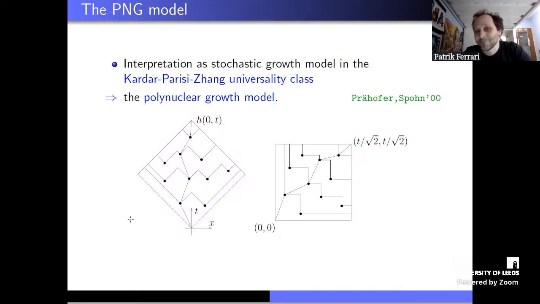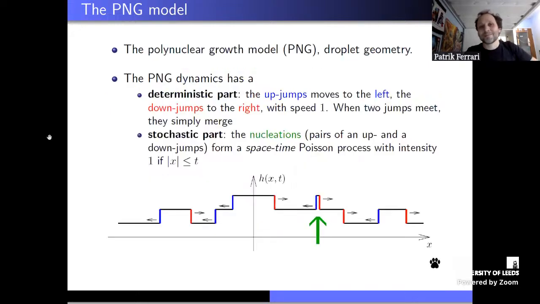It's just a rotation, and the point is that the number of points which are seen below a position x at time t is called the height function of the polynuclear growth model. I will show you how it looks in a moment.